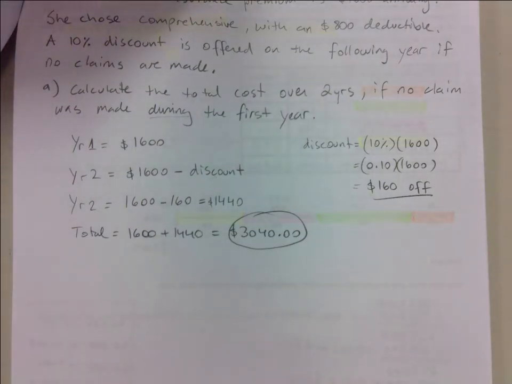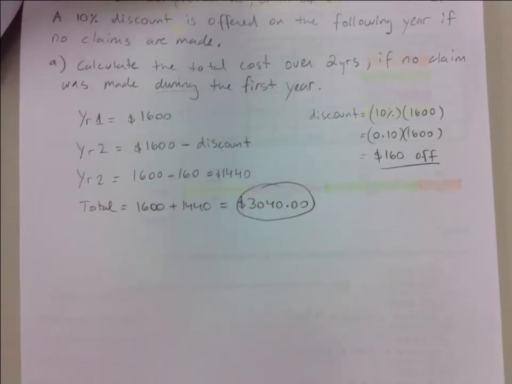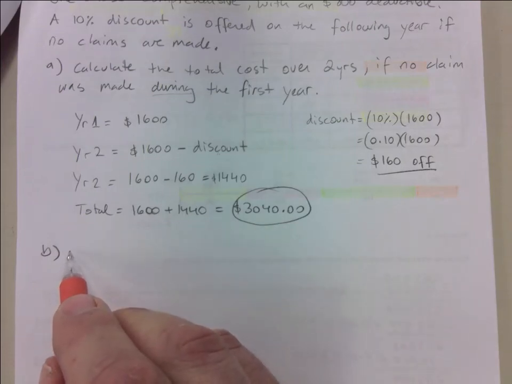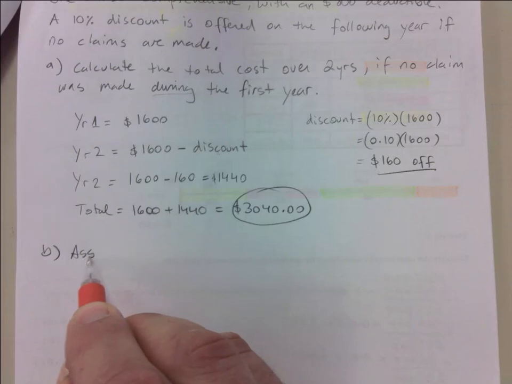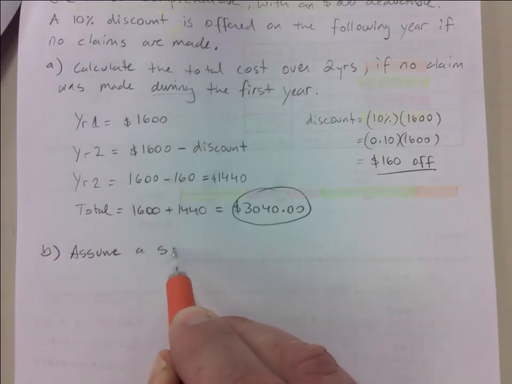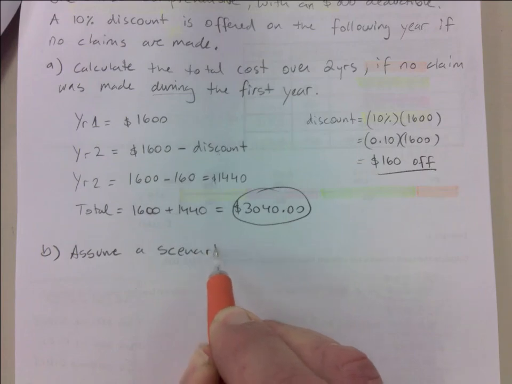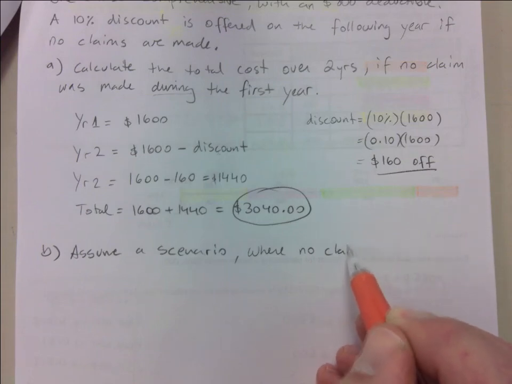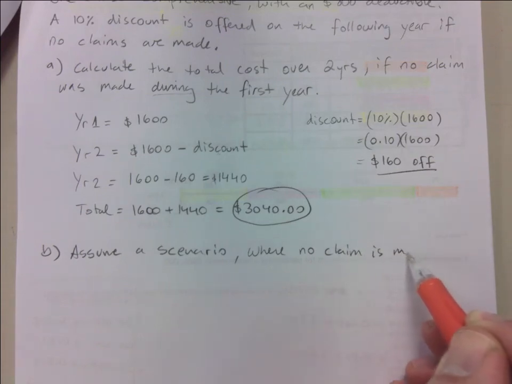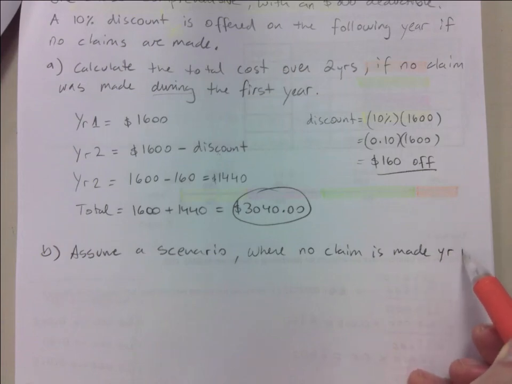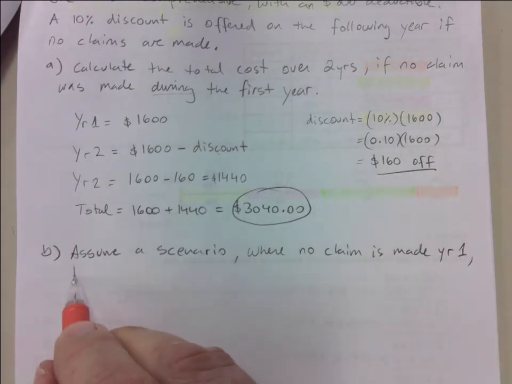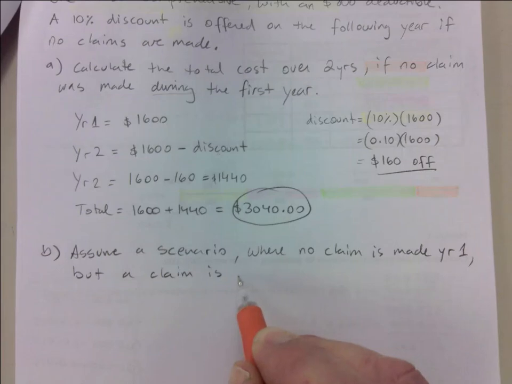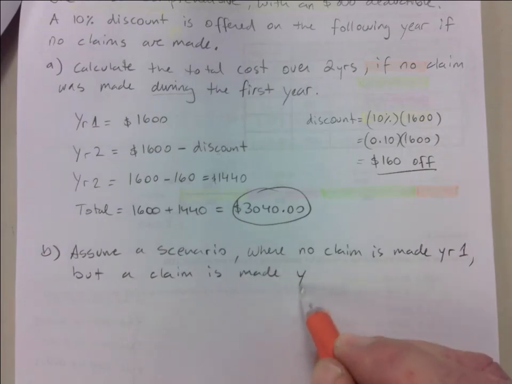And now another curveball, just to make things worse, right? B. Assume a scenario where no claim is made year one, but a claim is made year two.